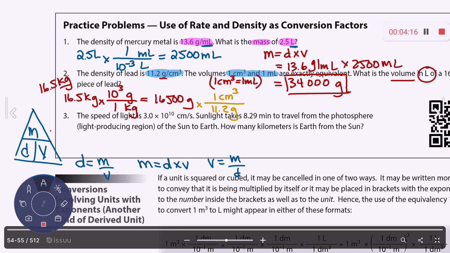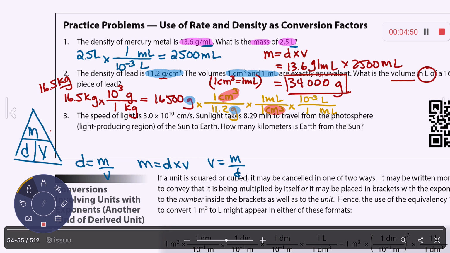So I just wrote this fraction for density in a different way to allow me to cancel grams and get to centimeters cubed. Then since centimeters cubed is the exact same thing as milliliters, I can use it to convert centimeters cubed to milliliters, like that. And then I can convert milliliters to liters, and we're done.